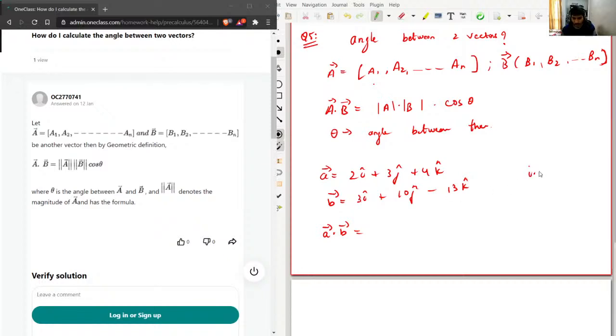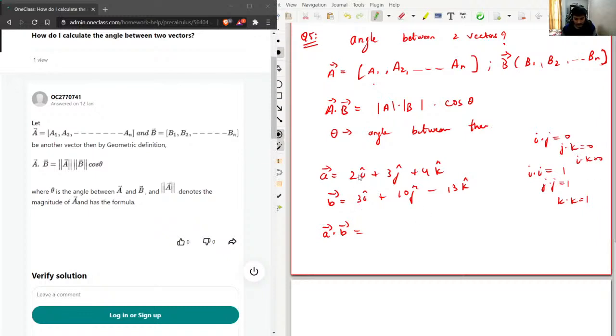If you are not good with dot products, then i dot i is 1, j dot j is 1, k dot k is 1, and i cross j is k. Sorry, i dot j is 0, j dot k is 0, and i dot k is 0.